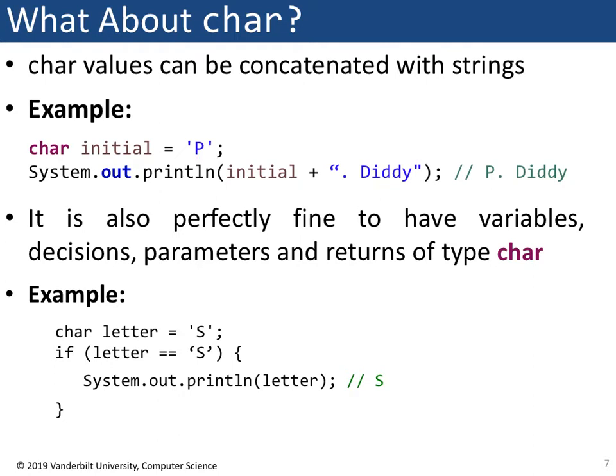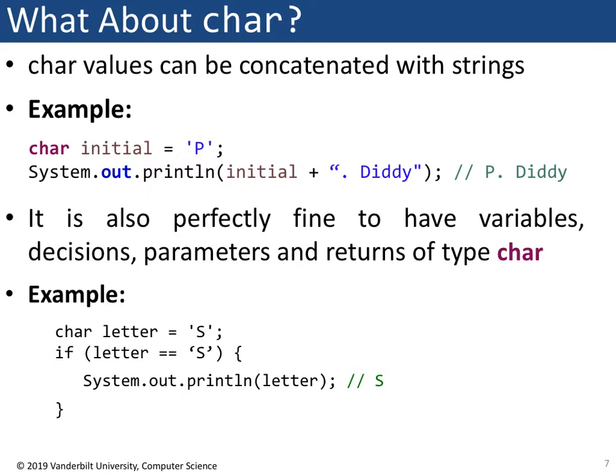It's also perfectly fine to have variable declarations, parameters, and returns of type char. So what I'm saying here is that we can have a variable called letter, which is declared of type char, and we set the value of the variable letter to s.